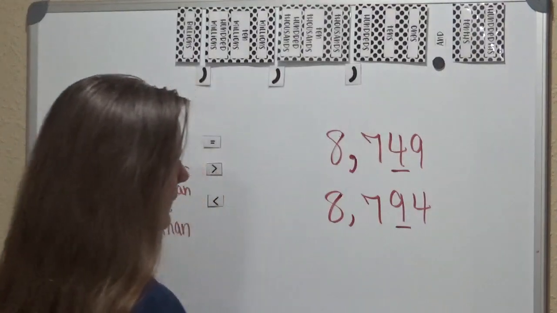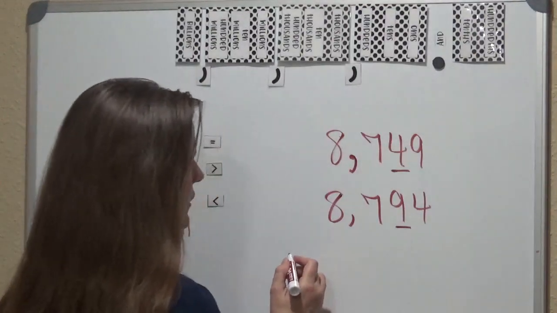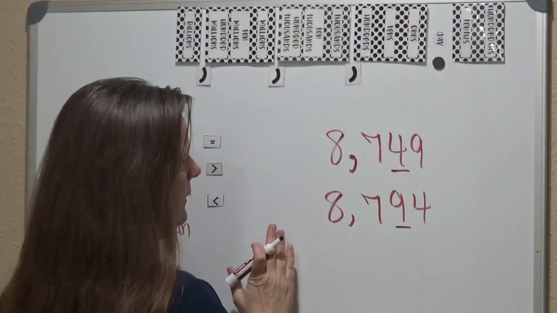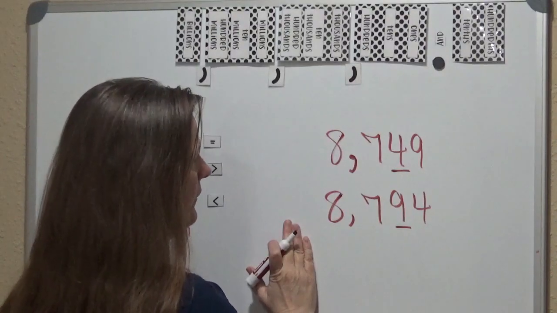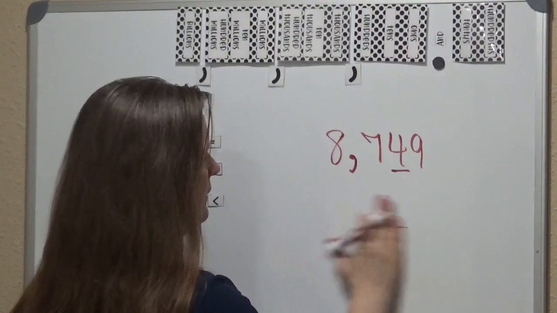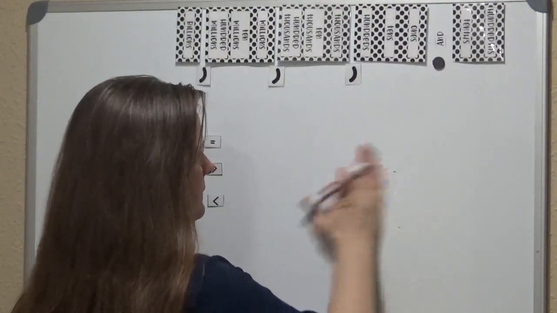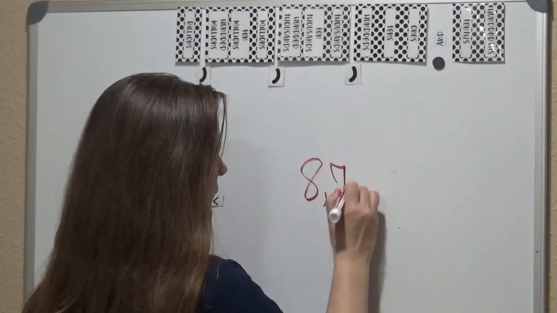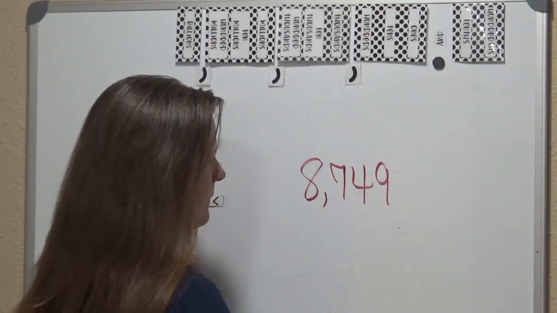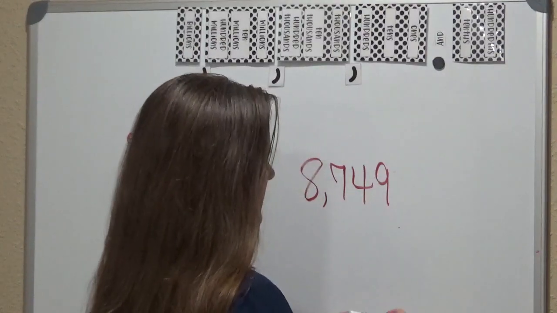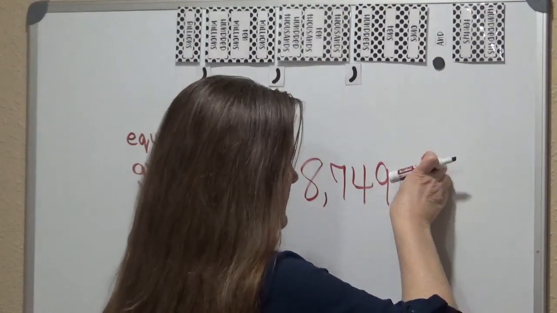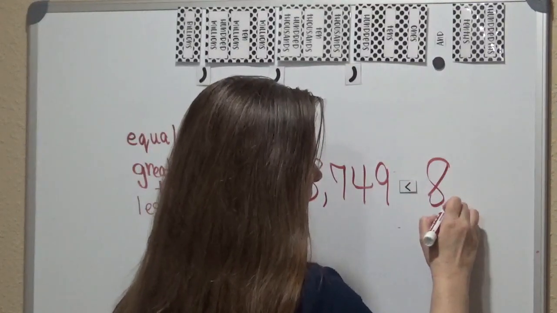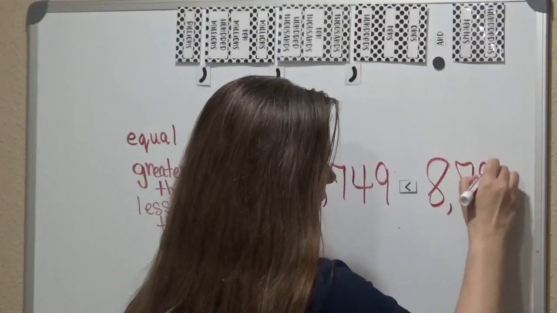So when we're writing this out, the way it's written, it's side by side. So I'm going to go ahead and erase this. 8,749 is less than 8,794.